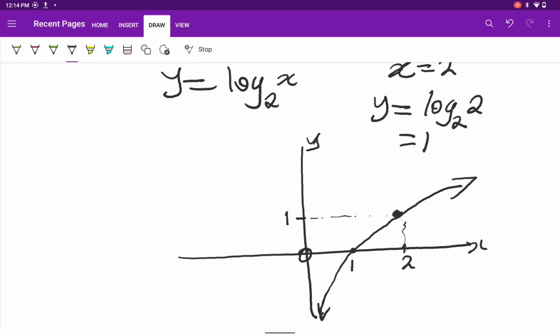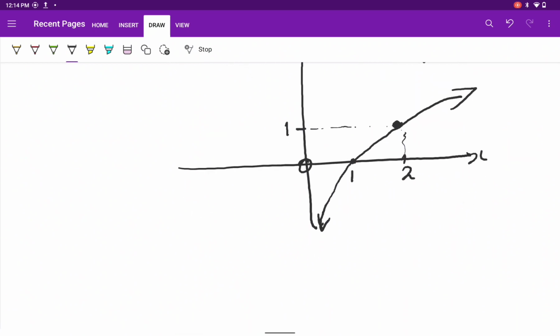Now we know how to sketch the graph. Can we go to the equation? Let's say this is the graph, we see it has been sketched and we want to calculate the equation. The equation of this graph, we can see it's a log graph, it's y equals log x base a.